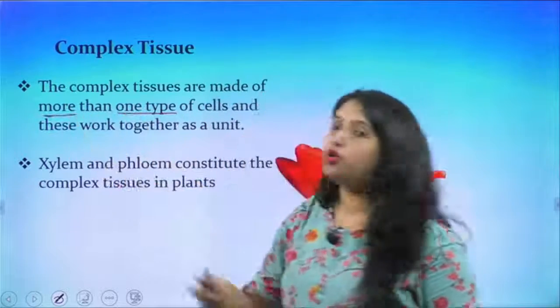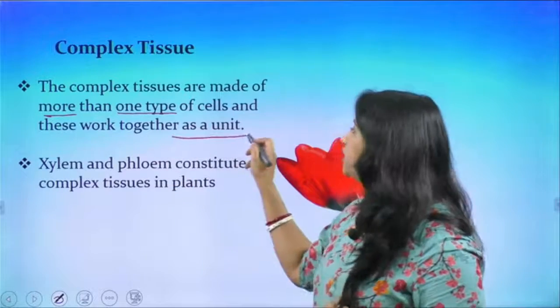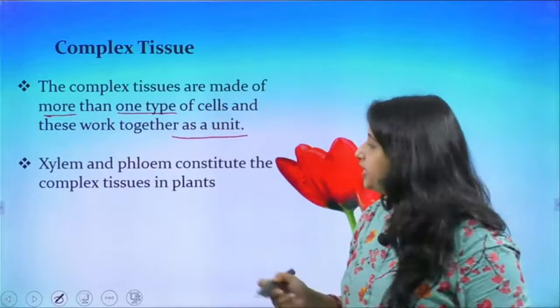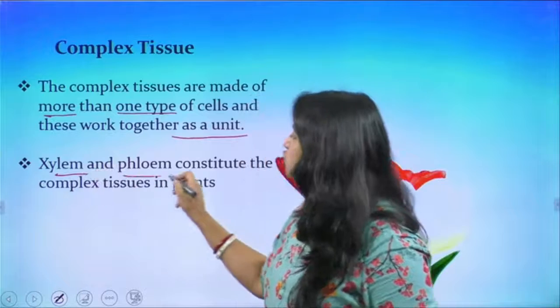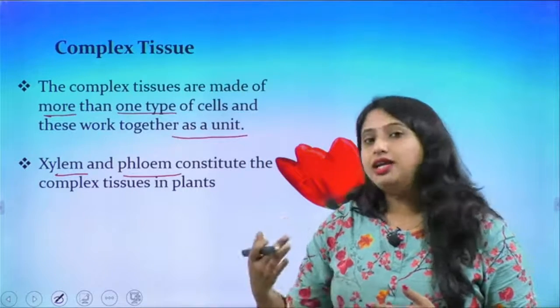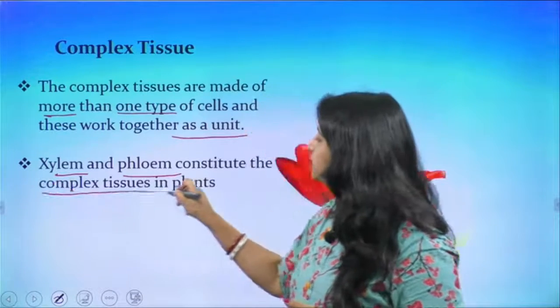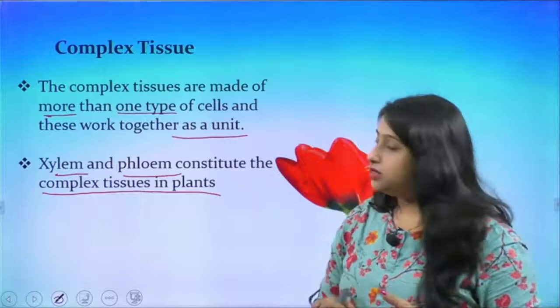They are made up of more than one type of cells, and these work together as a unit. Next are xylem and phloem, which you have been studying from your lower classes, right? These two constitute the complex tissues in the plants.